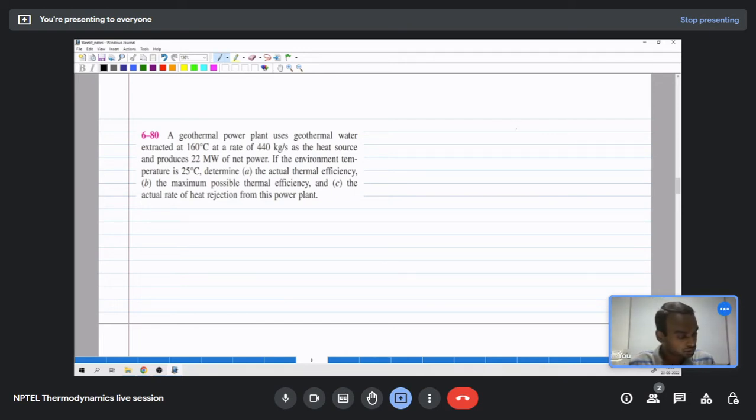So drawing the schematic of the power plant, we have high temperature reservoir at 160 degrees Celsius and low temperature reservoir at 25 degrees Celsius.